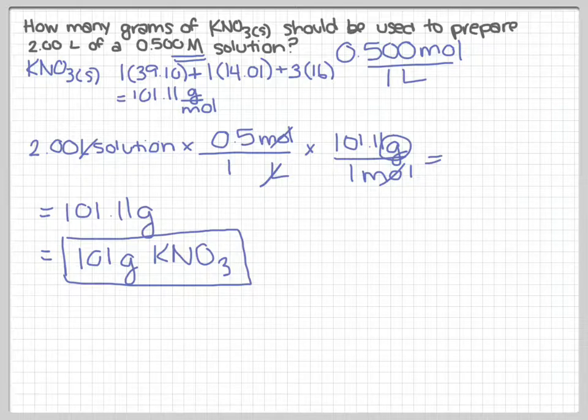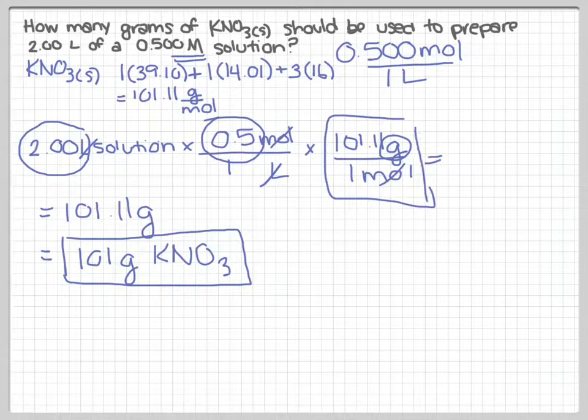How does that make sense? Well, we have 2 liters of solution, and each liter has half a mole. So 1 liter, half a mole; 2 liters, 1 mole. What's the mass of 1 mole? It's 101.11 grams. So the math did work out.